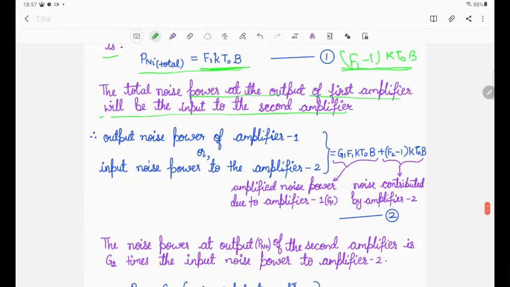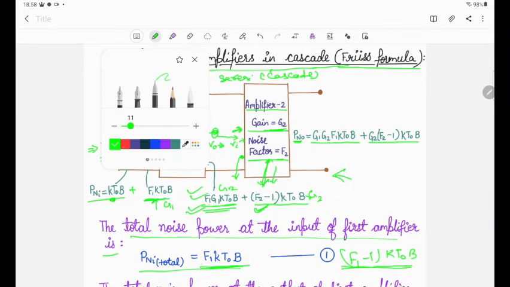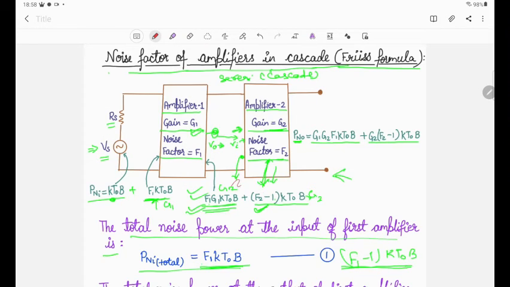So the output noise power of amplifier 1, or the input noise power of amplifier 2, will be G1 F1 K T0 B plus F2 K T0 B. I already explained that this total power will be this term, right? So this is the total noise power at the input of the second amplifier, or at the output of the first amplifier.